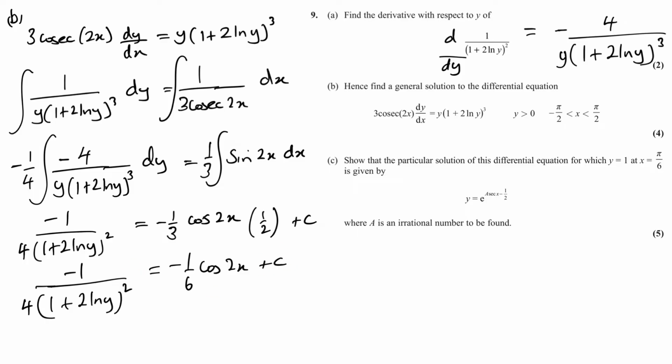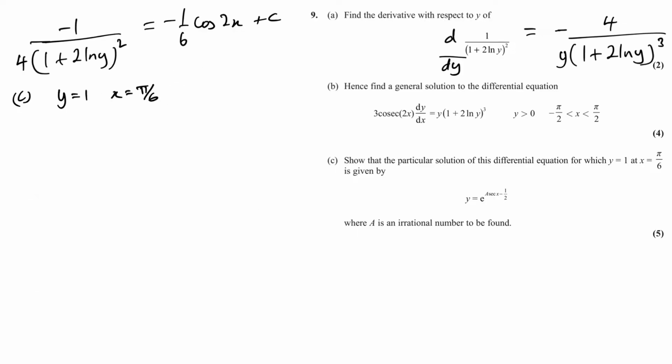So there are a few different options, but I've done this and I'm going to leave it like this because it doesn't tell me a form to have it in. So what I don't want to do is make a silly mistake as I try and make this a little bit nicer. And part C tells me that y equals 1 when x equals pi by 6.